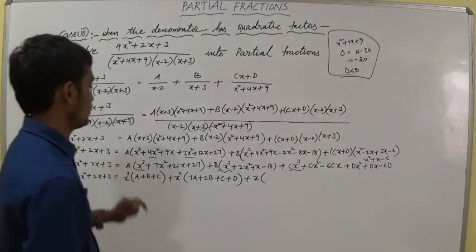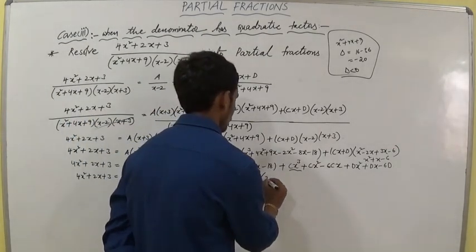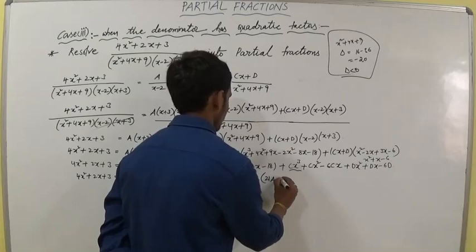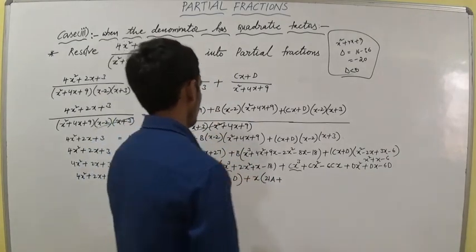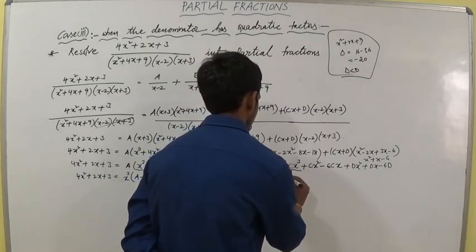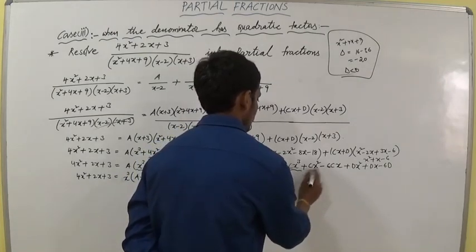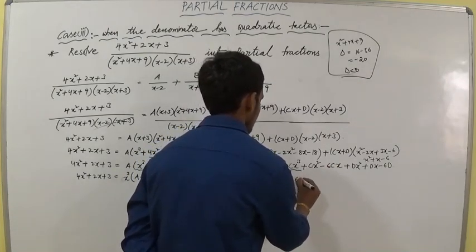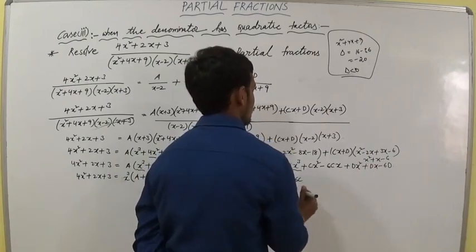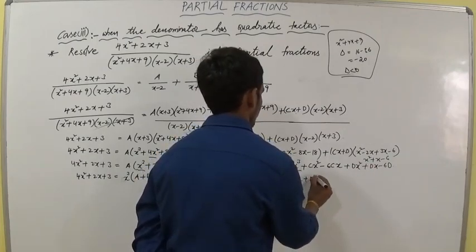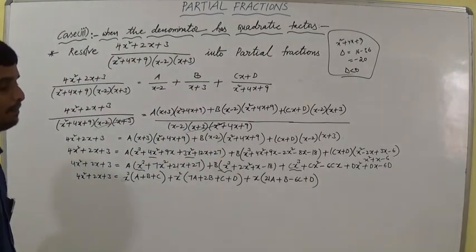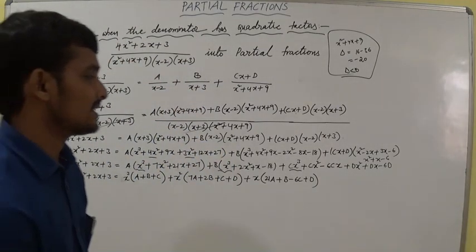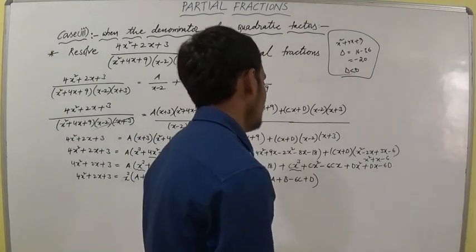Here 21 into A, 21A, plus 1 into B, B, minus 6C, plus D. So 21A plus B minus 6C plus D.